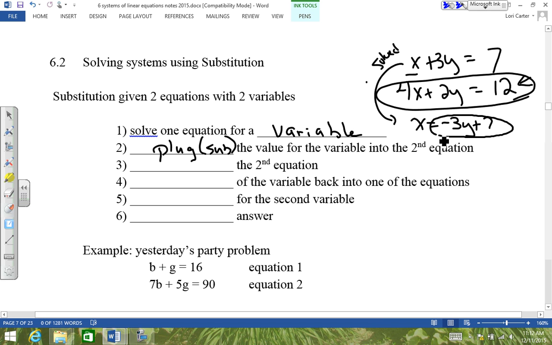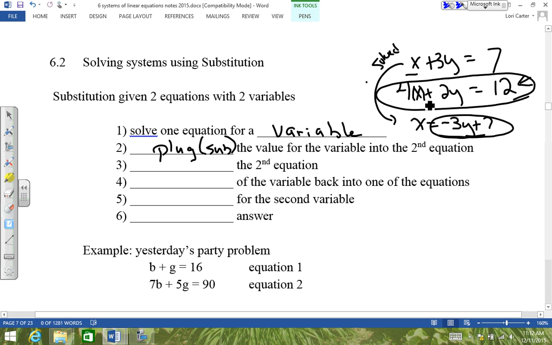So this value has to go into my second equation. Where's the x? I'm going to take this x out and plug in negative 3y plus 7. So what has to go around this? Parentheses. Whatever variable I solve for gets parentheses in the second equation.